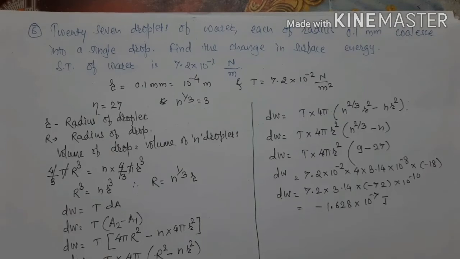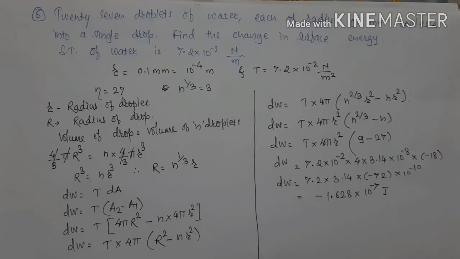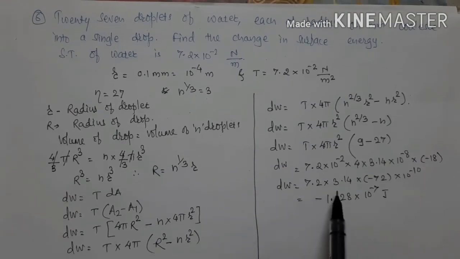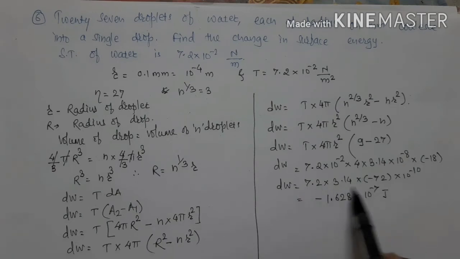This is the answer that you will get. 7.2 into 3.14 into 72 should be 1628, and power adjustment is 10 to the power of minus 7 joule. You calculate this by either log table or by simple algebraic multiplication.